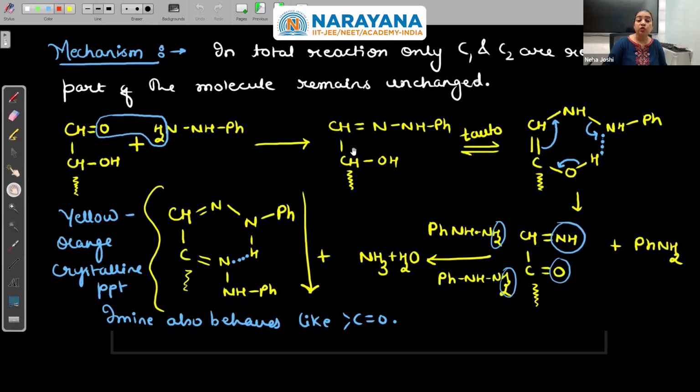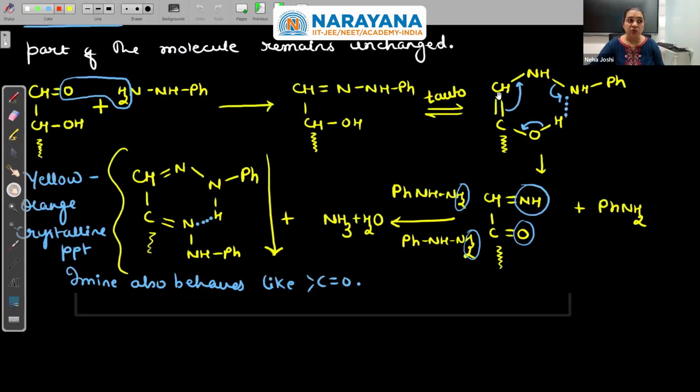But as the alpha position has OH, this is something different. Check this one. What is happening? You will see some sort of H bonding: the OH and the NH lone pair form a six-member chelation. Now this chelation is breaking.